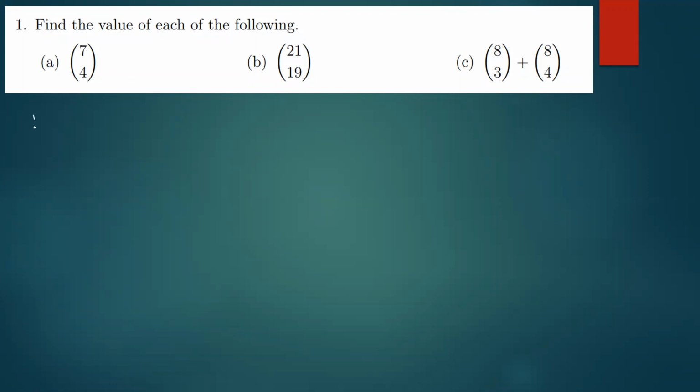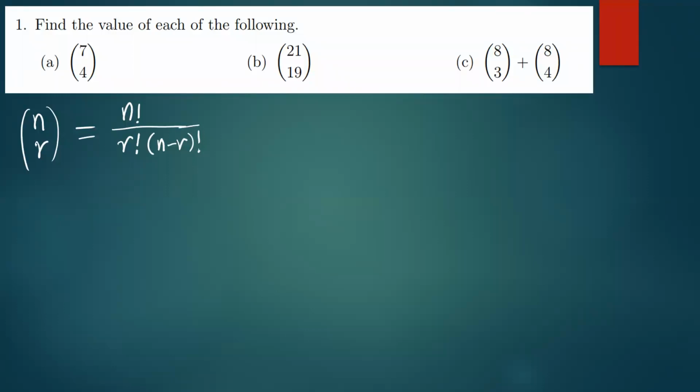If they give you n choose r, what does this mean? It means you're going to have n factorial on top, then you divide everything by r factorial, then open brackets, n minus r factorial. So this is what it means.